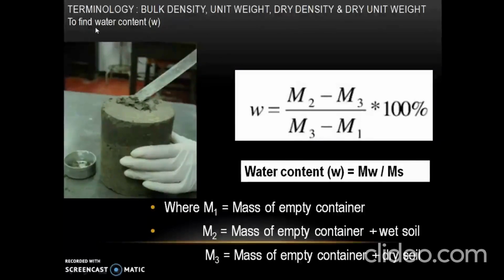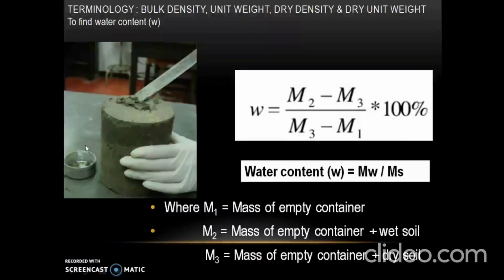Next, we will find out how to get the value of water content of the soil. Before that, we will check out the terms involved in finding water content. First one is M1, which is nothing but mass of empty container.